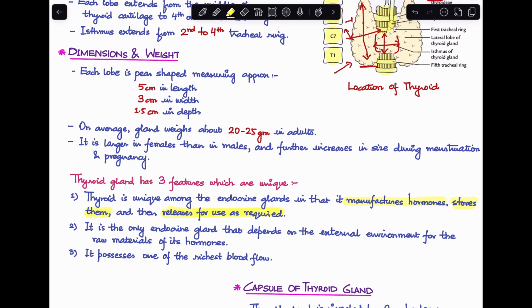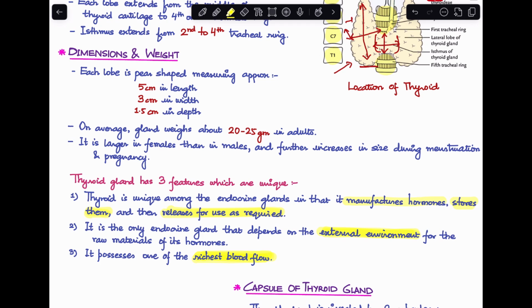No other endocrine gland has the same feature. Secondly, this is also the only endocrine gland that depends on the external environment for raw materials to make its hormones. And thirdly, this gland has one of the richest blood flows amongst all glands in the body. So these are the three unique features of the thyroid gland.